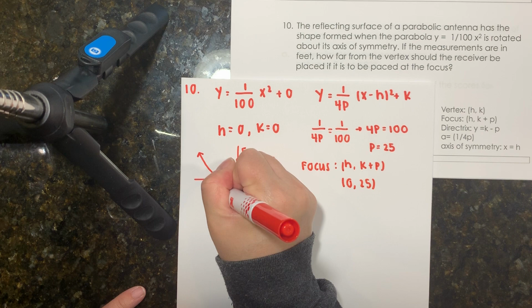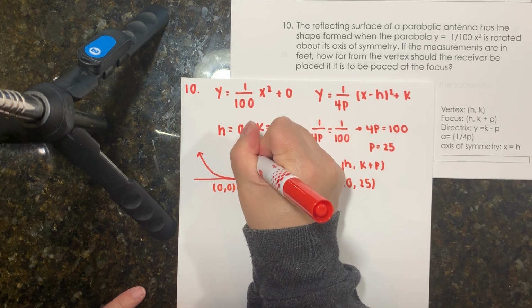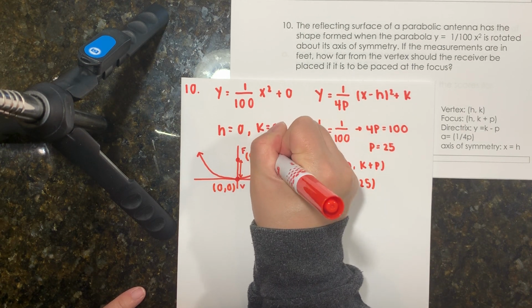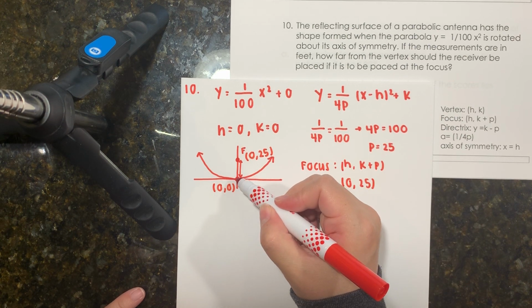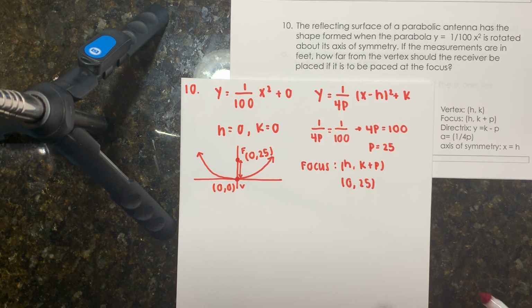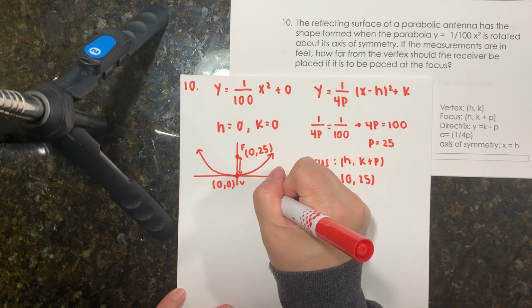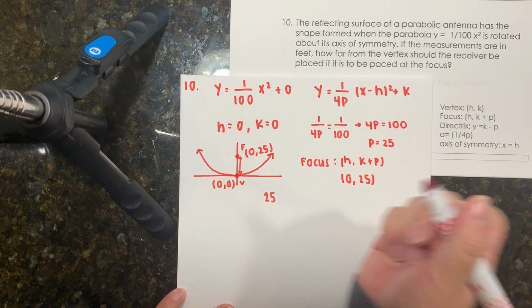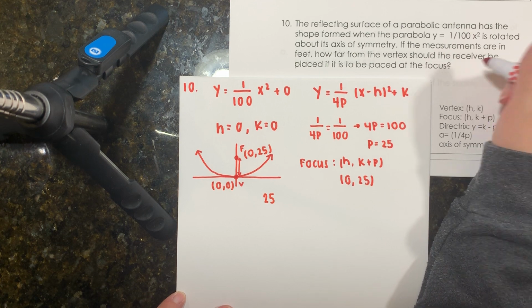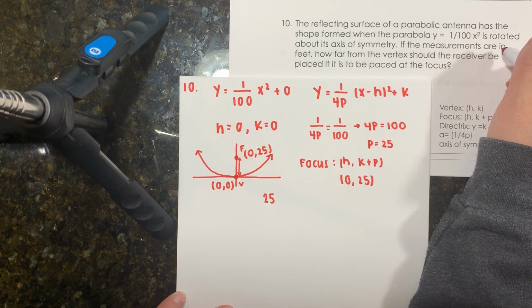So if my vertex is at (0, 0) and my focus is at (0, 25), how many spaces are between the vertex and the focus? Well, if it starts at 0 and ends up at 25, I know that the distance is 25, and they give us that that's in feet.